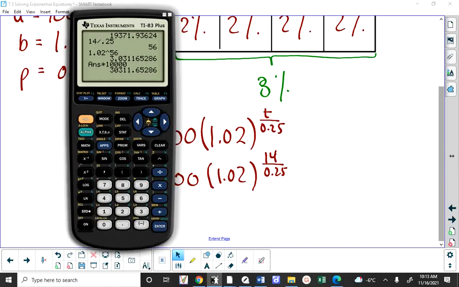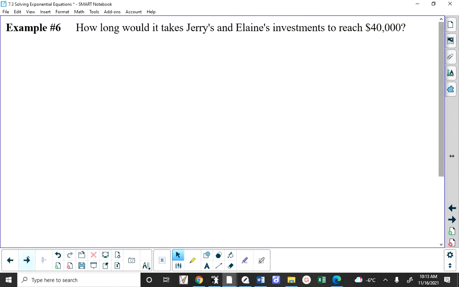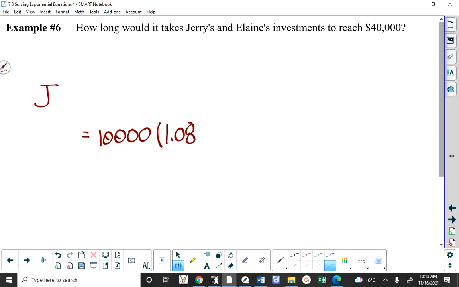Okay. We have one more example to do. How long would it take each of their investments to reach 40,000? So I'm not sure you have to write this down because you already have the formulas. Jerry's money is valued at 10,000 times 1.08 raised to the t, and we want this to be 40,000.